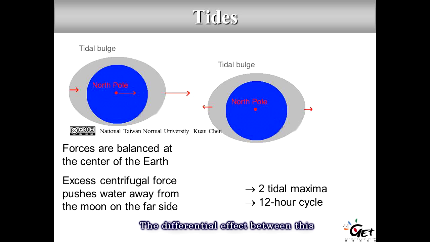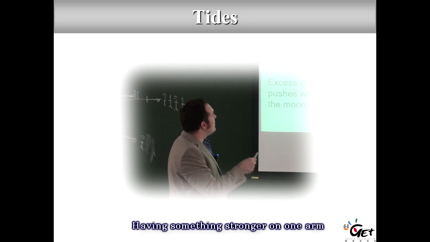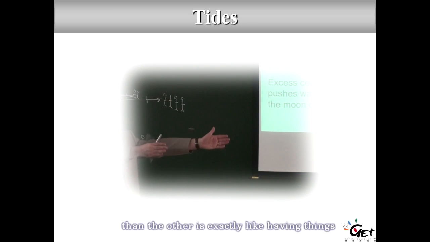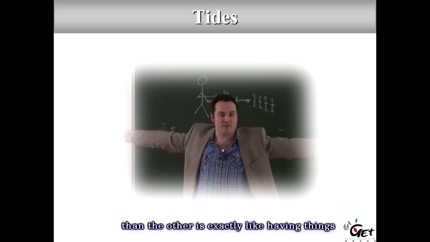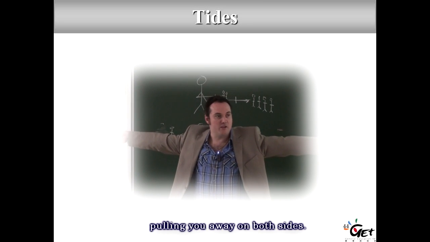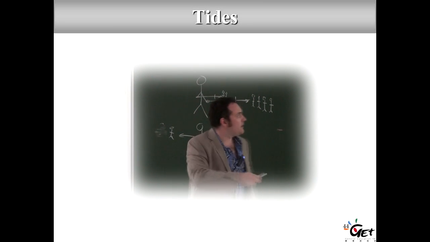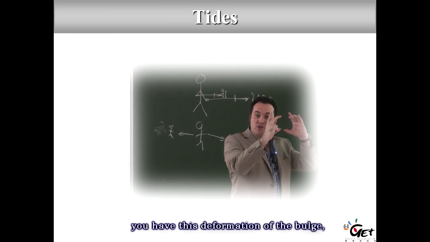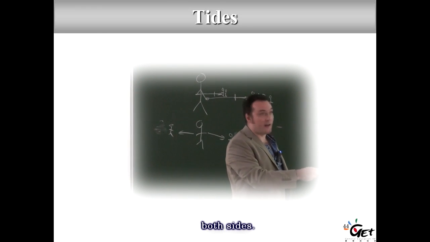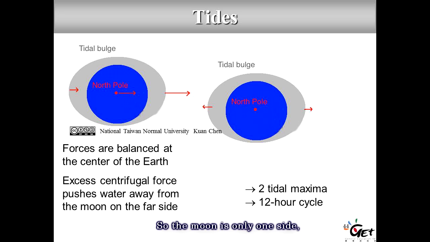The differential effect between this scheme and that scheme is exactly the same. Having something stronger on one arm than the other is exactly like having things pulling you away on both sides. So this is why you have this deformation, the bulge. Both sides, okay? The moon is on only one side, but you have deformation on both sides of the Earth.